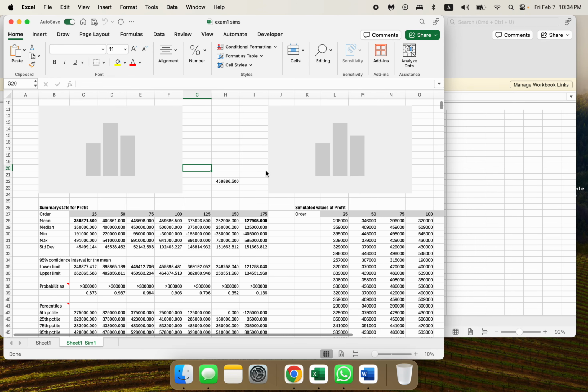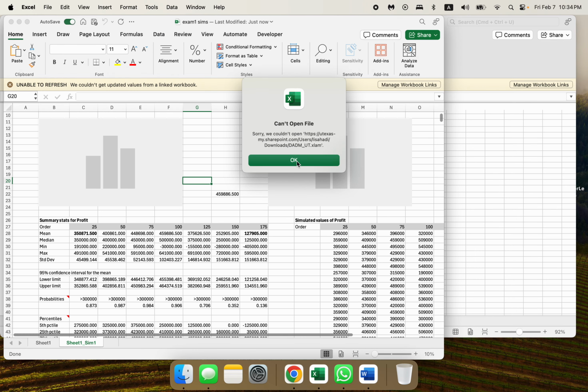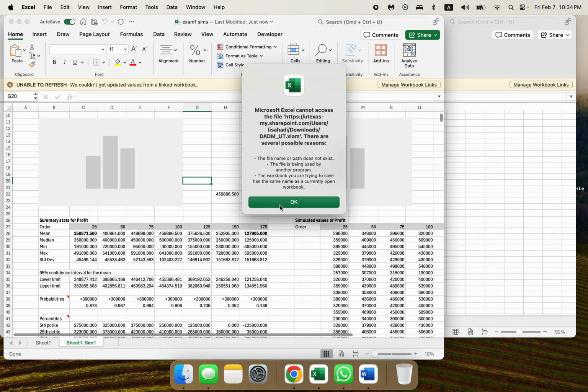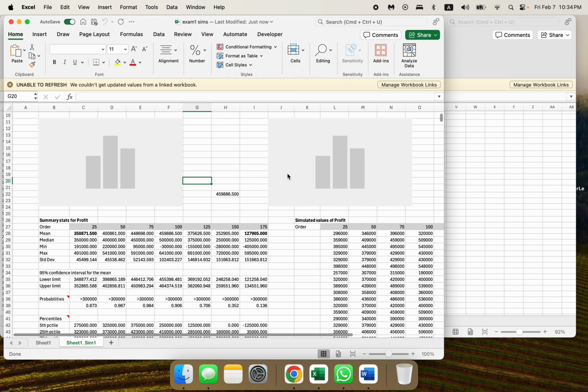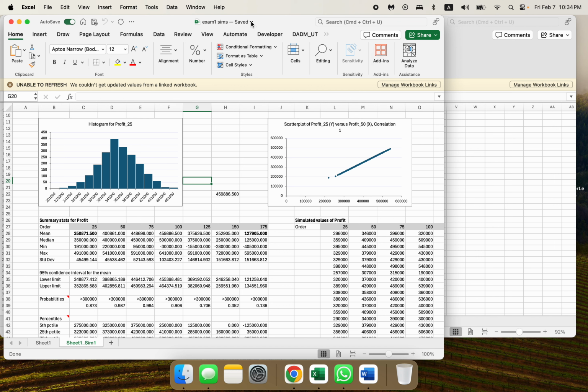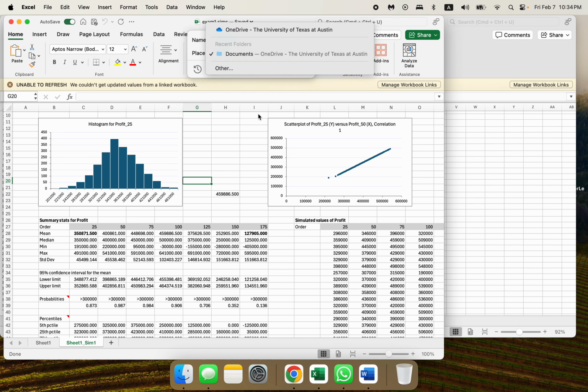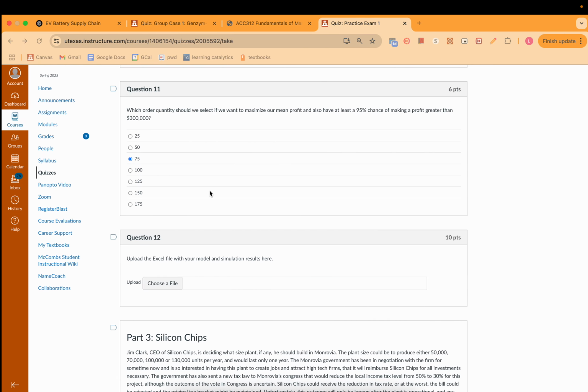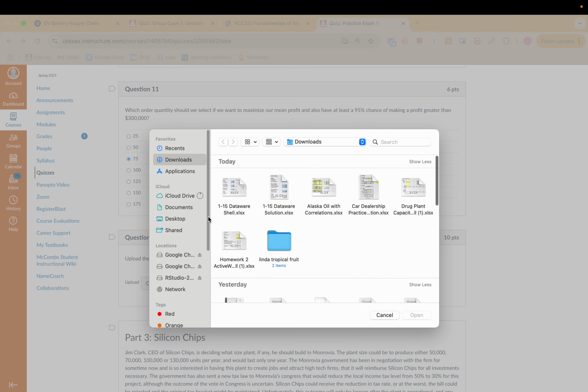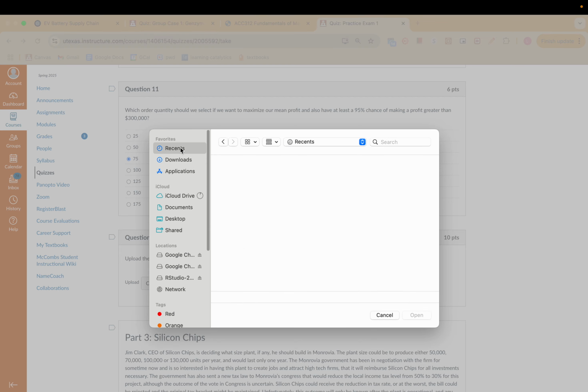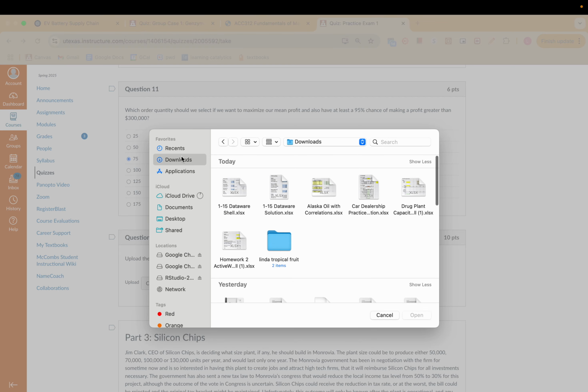What is wrong with this? Why is it built like this? Hello?